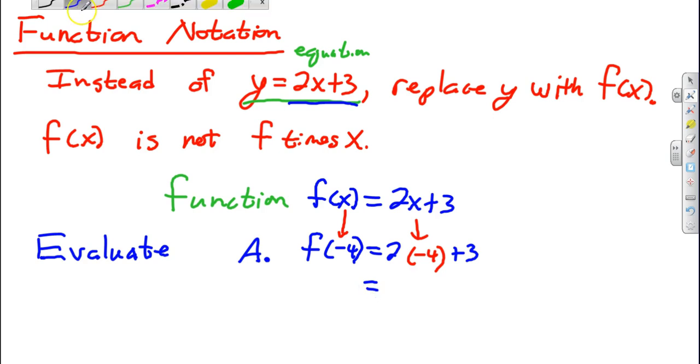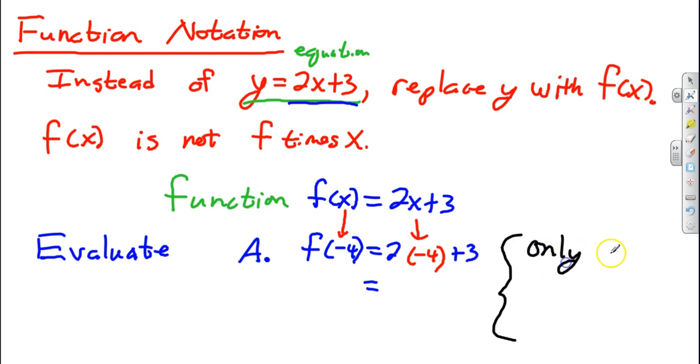Now, here's the one thing that you've got to make sure that you do. When you're working through the functions and evaluating, you only work the right side of that equation.